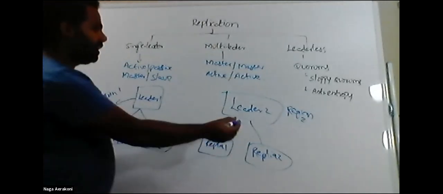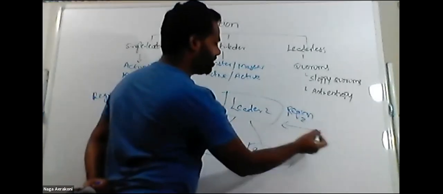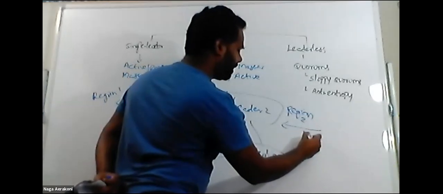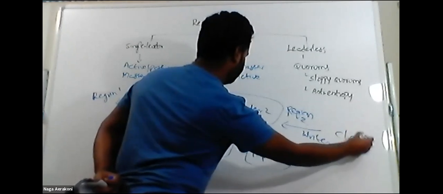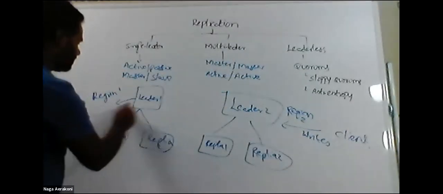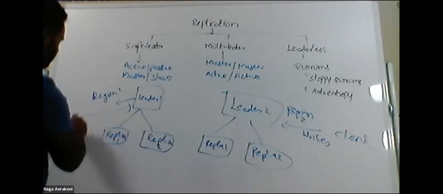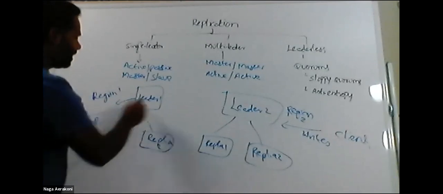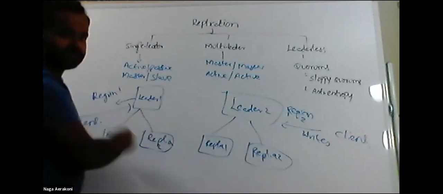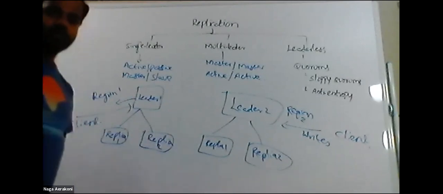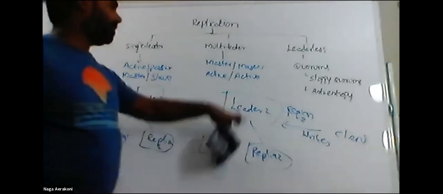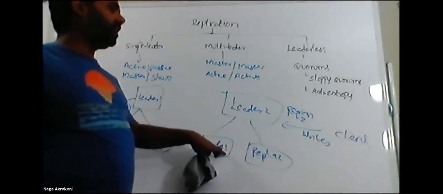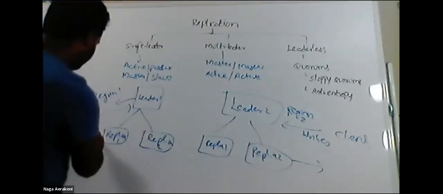Any clients connecting from this region, the writes are processed by this leader, and if some client is connecting here, then this leader will process the writes. These replicas take the data from this leader and become consistent, so the read requests for this region are served by them.